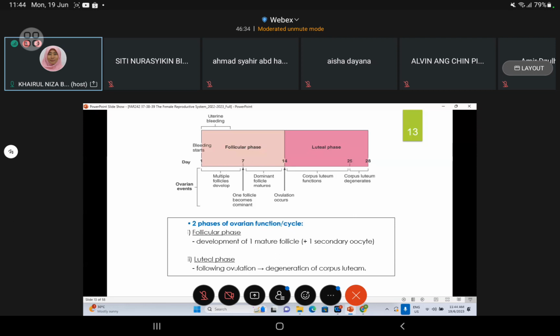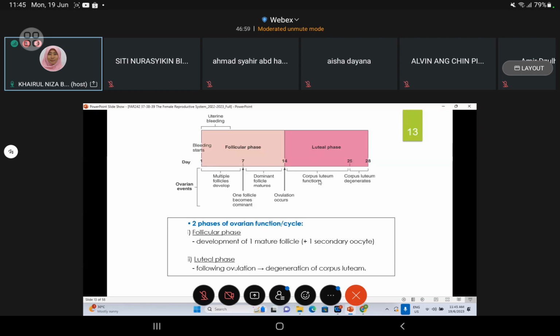So following ovulation, what will happen is the formation of the corpus luteum, which has endocrine function. That means it secretes estrogen, it secretes progesterone as well as inhibin, very much similar to the follicles earlier, right?